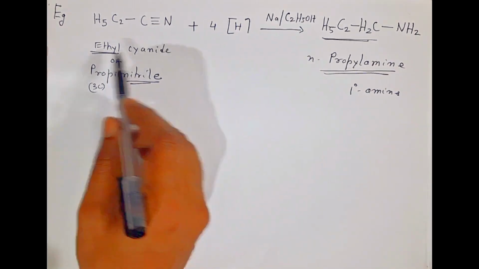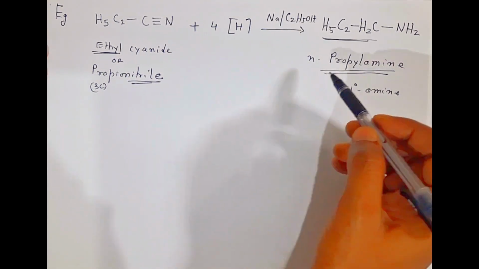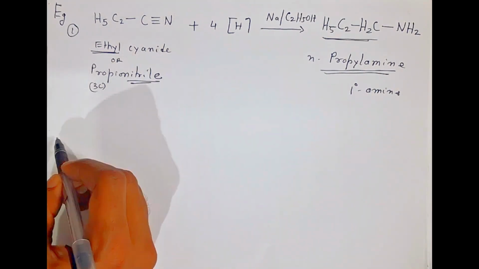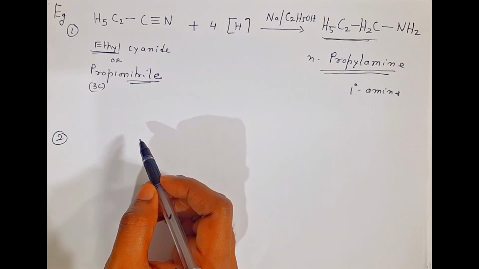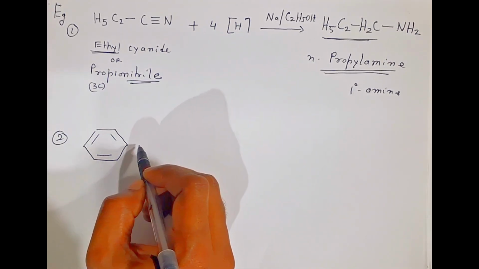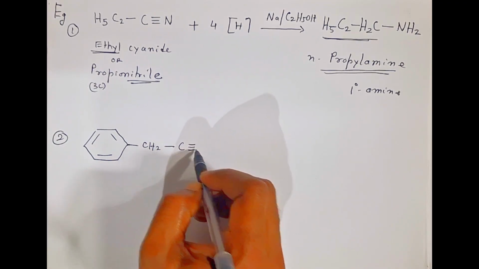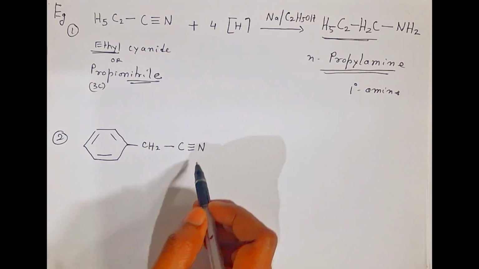So here I have taken the alkyl cyanide that we have converted into alkyl amine. Now suppose you have aromatic cyanide, say for example phenyl acetonitrile. This is phenyl, CH2, in contact with cyanide, so this is phenyl and this is acetonitrile.